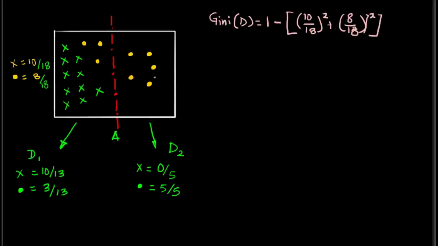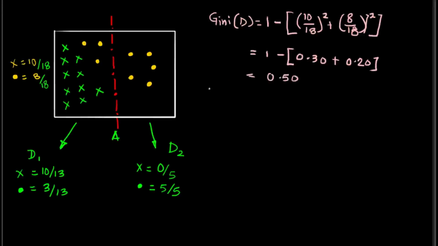So it is nothing but 1 minus 0.30 plus (8 by 18) square, which gives us something around 0.19 or 20. So 1 minus 0.50, it's around 0.50.